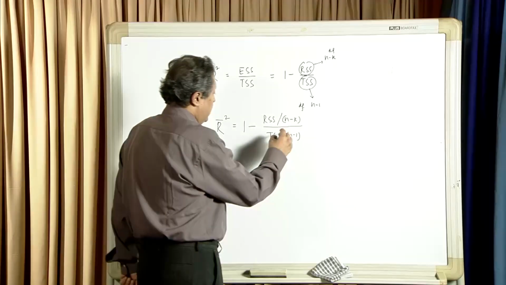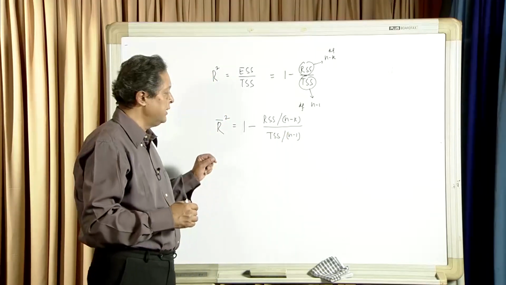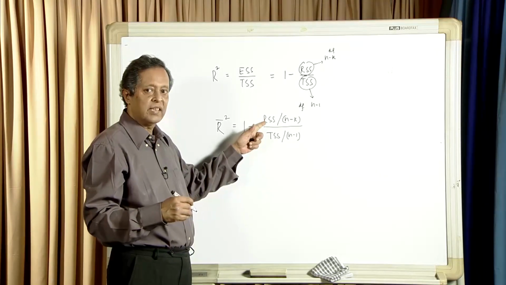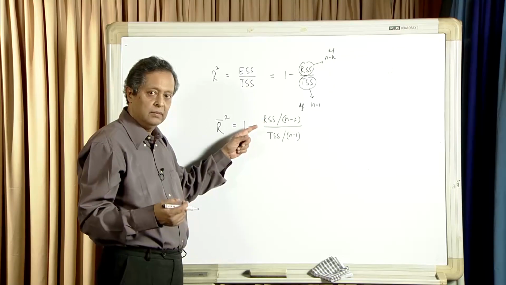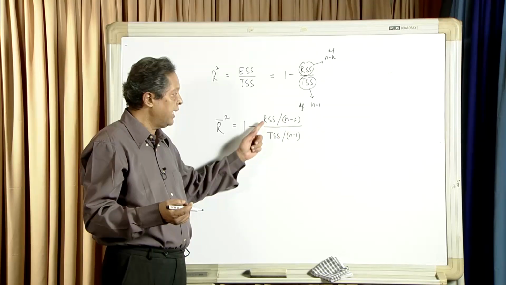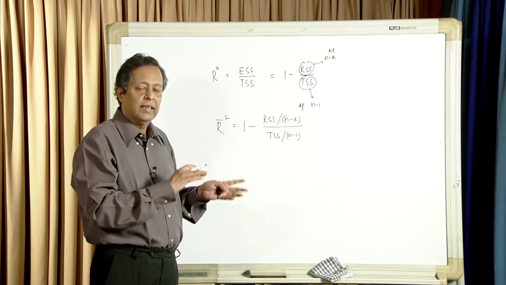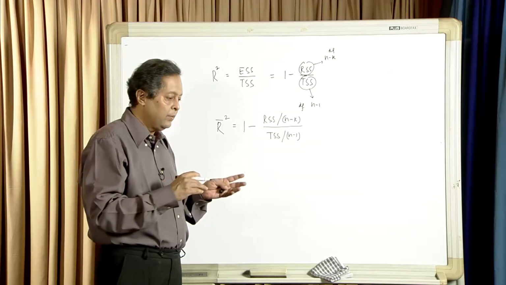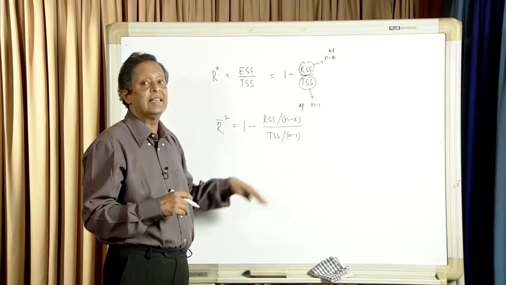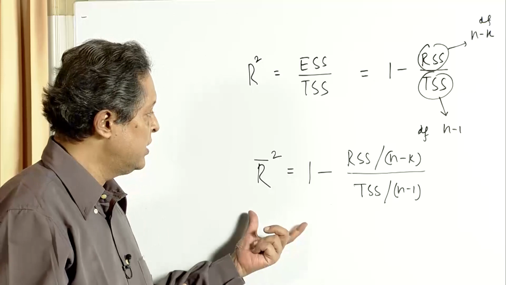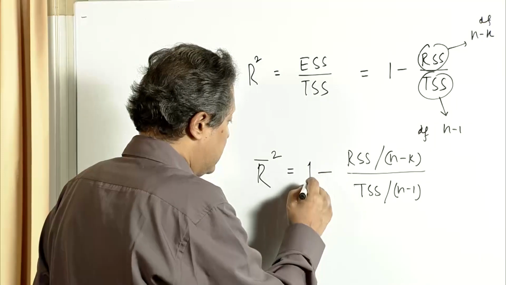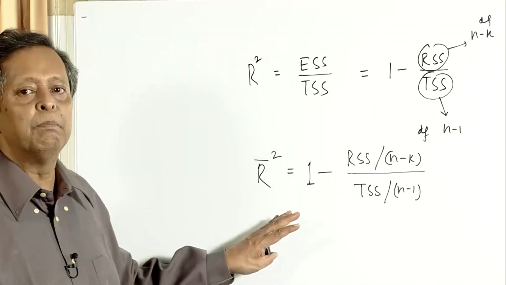So, you can see that as we go on increasing the number of x variables, RSS will fall, but at the same time, because we are adding more and more explanatory variables, the degrees of freedom will get lower. So, this adjustment puts a check and balance on two things. On the one hand, we have a tendency of increasing the number of explanatory variables. On the other hand, we have to take into account that degrees of freedom are accordingly modified. So, this is known as the adjusted R square, and there are various other ways of expressing it, but this is the simplest way.